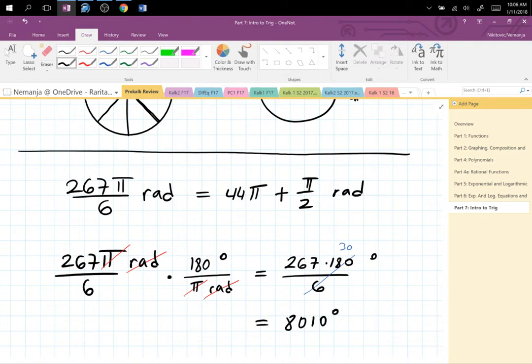Now see, the interesting thing here is that your calculations can be done in one or the other unit, right? You can do it in radians, you can do it in degrees, but I still stick with radians because this is 8,000 and this is 267.